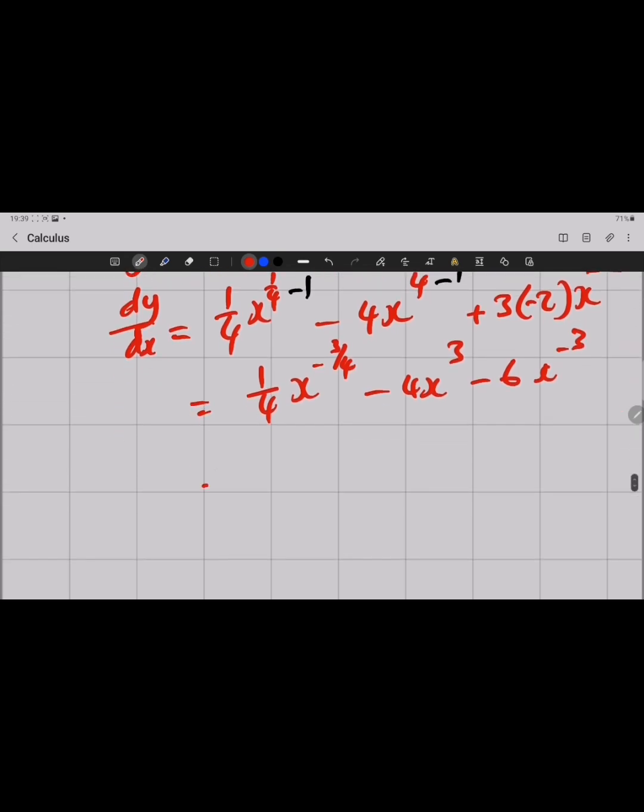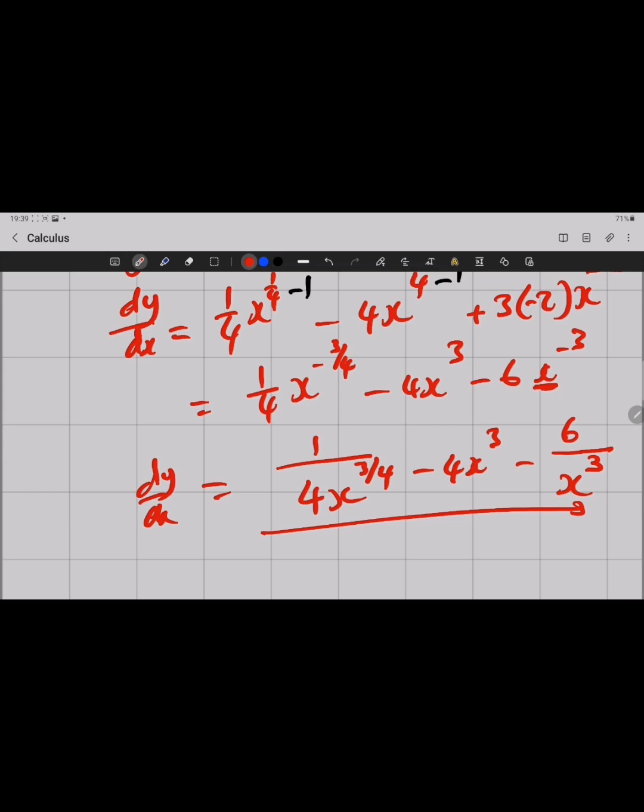With positive exponents, we'll have 1 over 4 x to the power of 3 over 4 minus 4x cubed, minus 6 divided by x to the power of 3. Then basically we're done with finding our derivative.